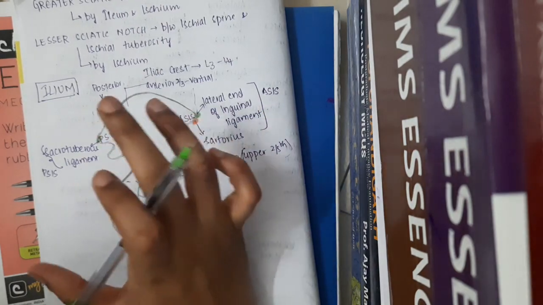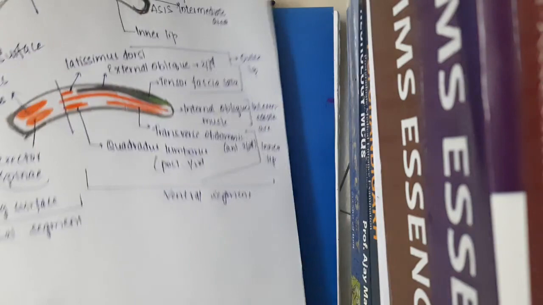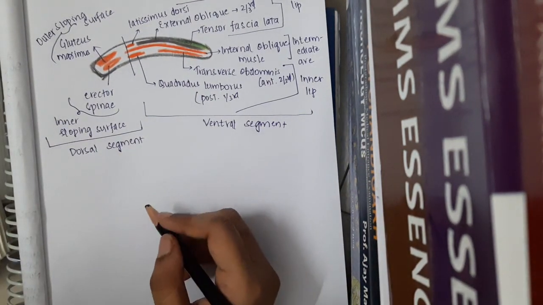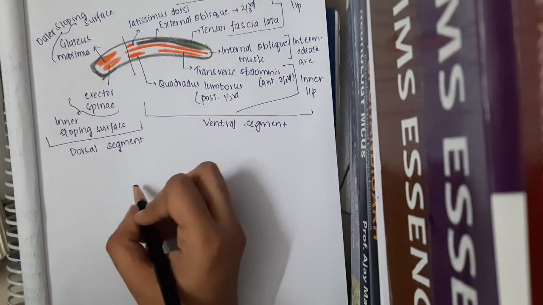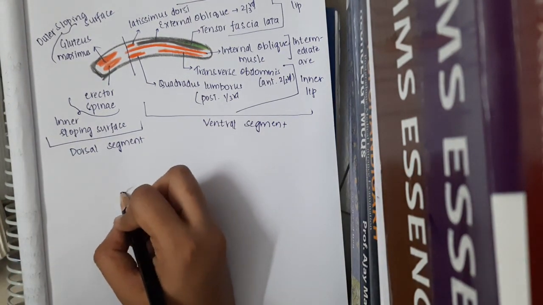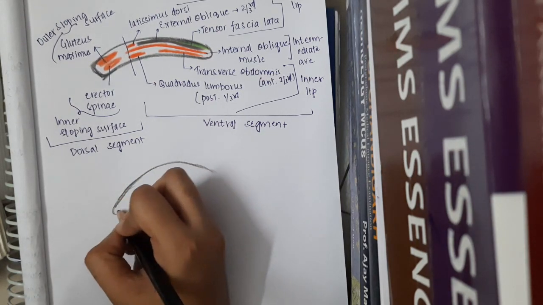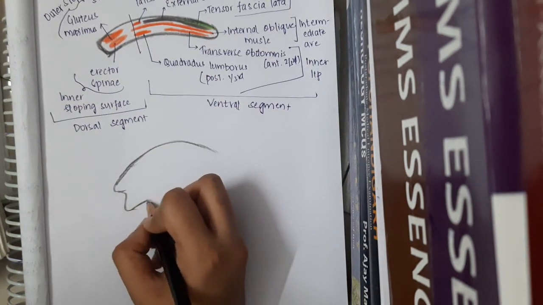Then, I'll have to write the attachments also, so I'll draw this diagram again so that it becomes easier. I'll draw only one part, not both of them. I'm drawing the upper end, outer surface only, not the inner surface.